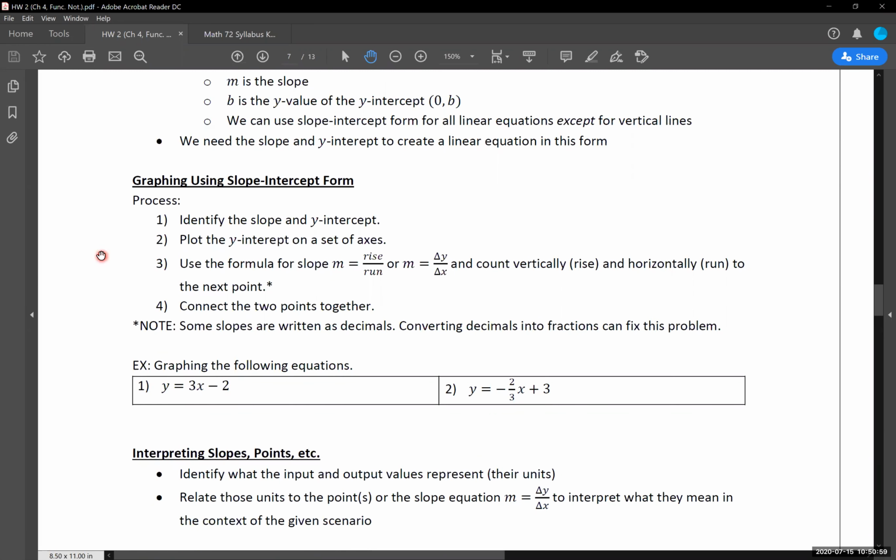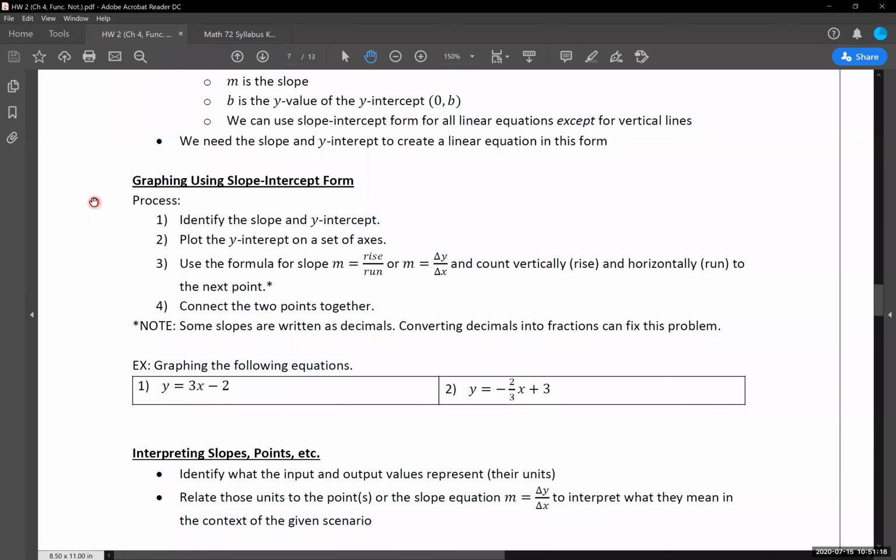So moving on to our next part here, where we are graphing using the slope-intercept form. Up till now we've had our methods for graphing, which is, okay, we need to determine at least 2 points, calculate what those points are, and then we plot those points and connect them together.